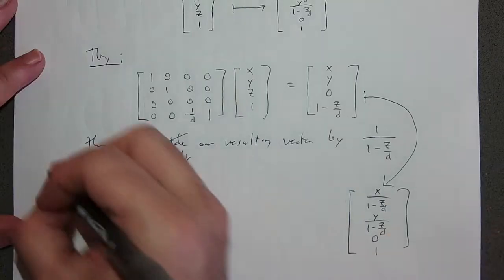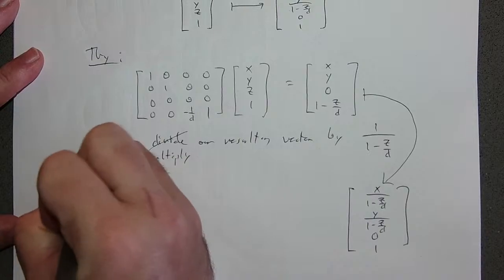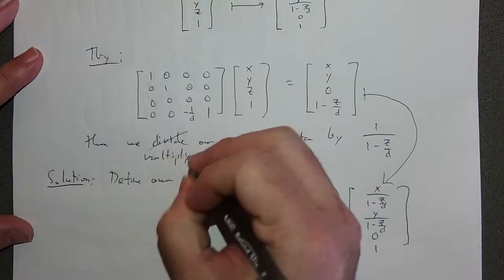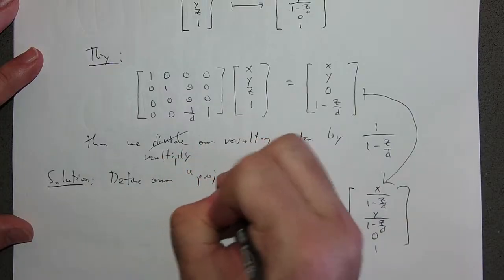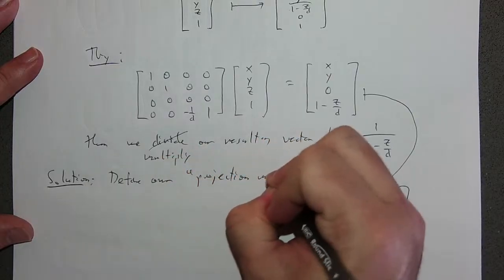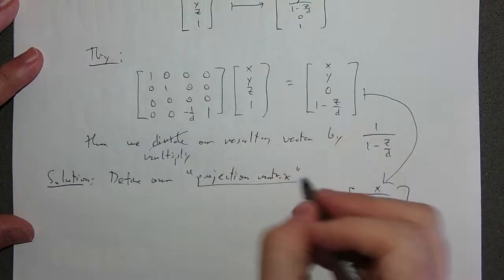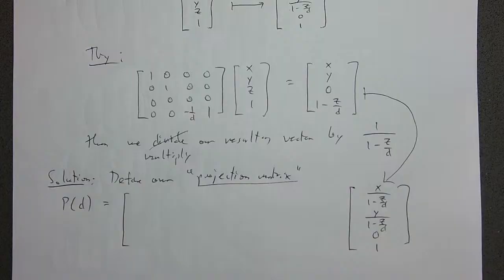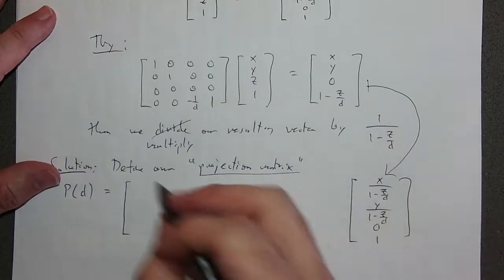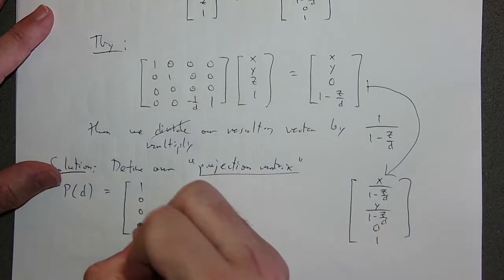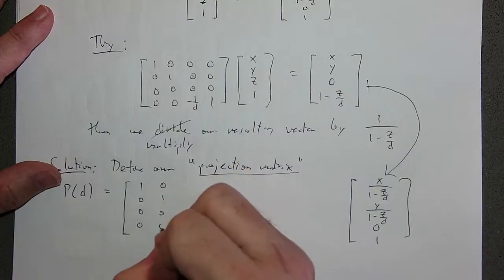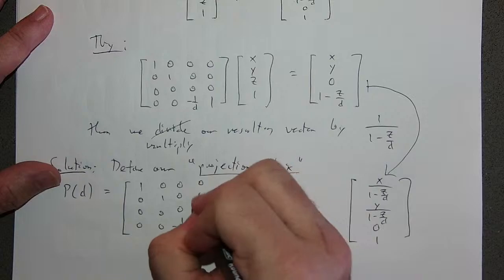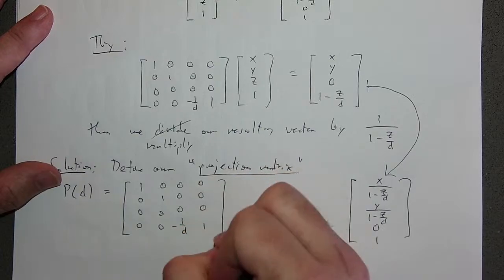So what is our solution? Define our projection matrix P over D to be this. I'm going to read column-wise. This is 1, 0, 0, 0, 0, 1, 0, 0, 0, 0, 0, minus 1 over D, 0, 0, 0, 1.